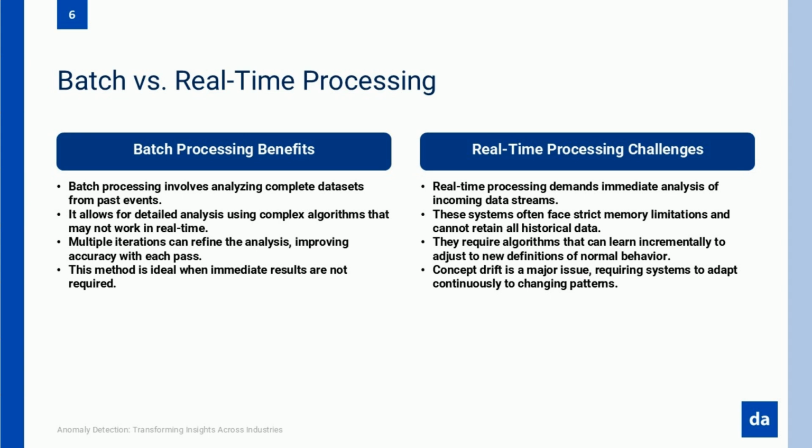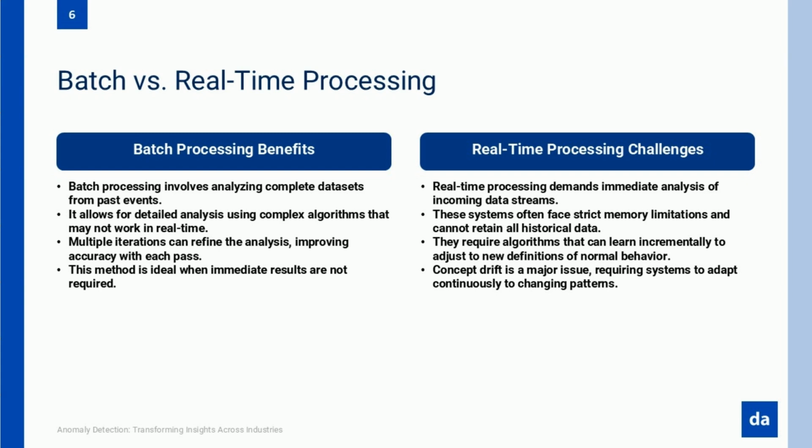Similar time pressures exist across industries. Network security systems must identify intrusion attempts before attackers can extract sensitive data. IoT sensor networks monitoring critical infrastructure must detect failures before they cascade into catastrophic events. The computational challenges unique to real-time systems are formidable.